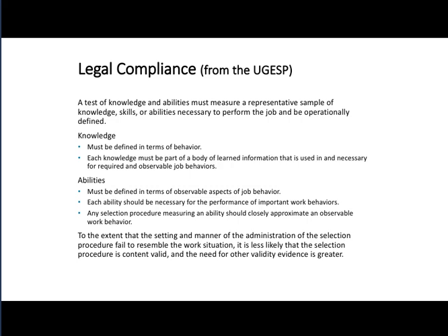Each knowledge must be part of a body of learned information that is used in and is necessary for required and observable job behaviors. Sorry, reading this it didn't make sense to me for a second there. It is necessary for required and observable job behaviors, and what that means is if it is an essential function of the job, I have to be able to see someone doing this.